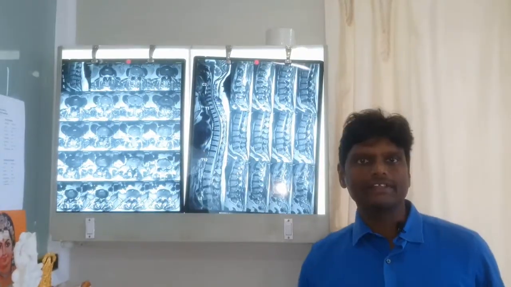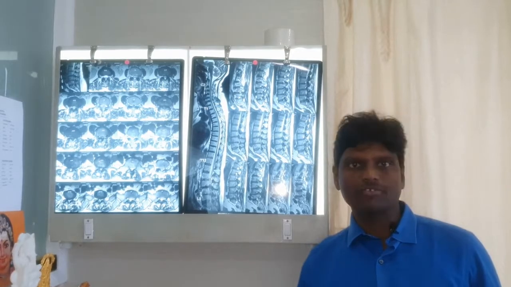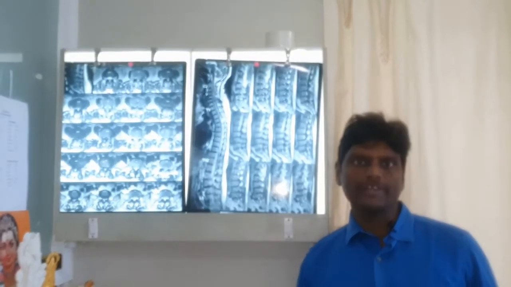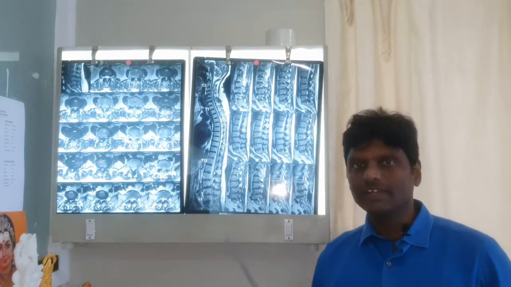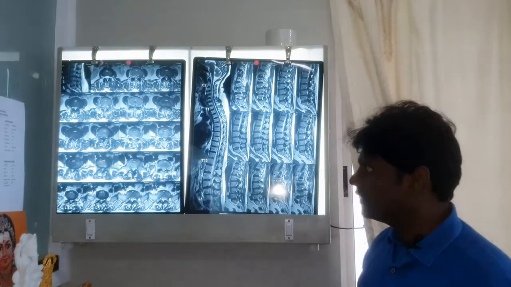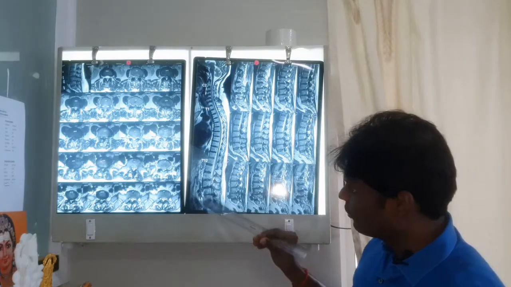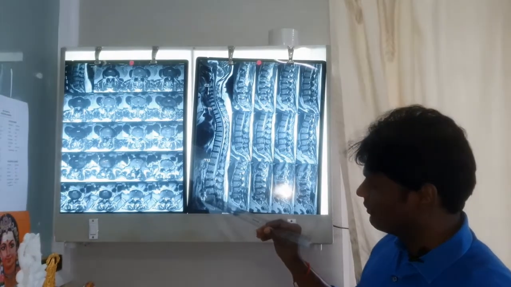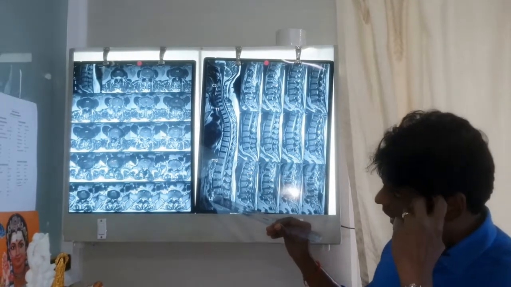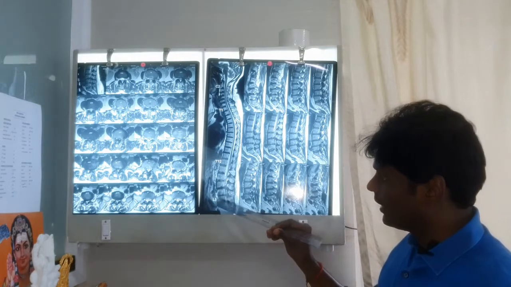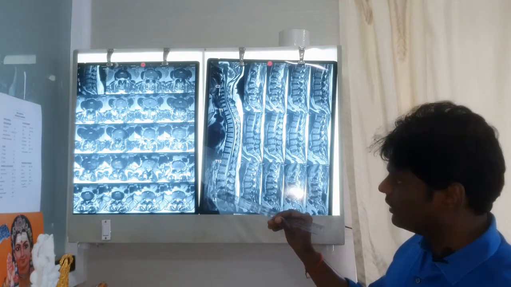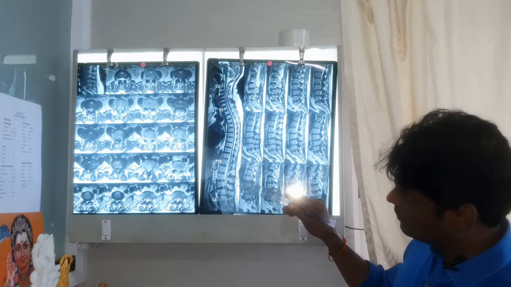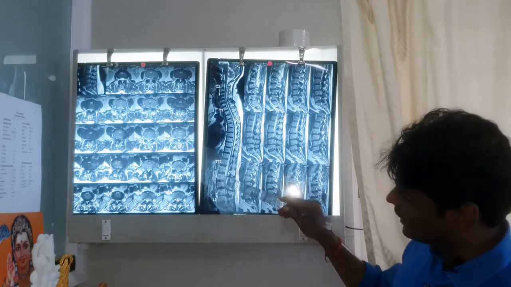I think the patient has exhausted all the options of conservative management, so she may have to go for surgical intervention. In surgery, what probably can be done, I'm not a surgeon, I'm not an expert, but this is what I understand by looking at the MRI. There is literally no space between L4 and L5, so probably she may need an artificial disc replacement with microdiscectomy at L3 L4 level, with instrumentation between L3 and L4 and L5.